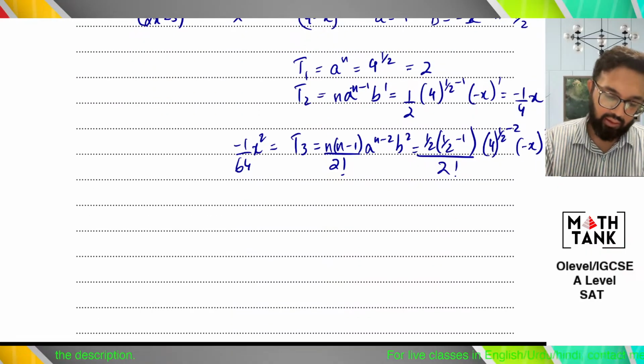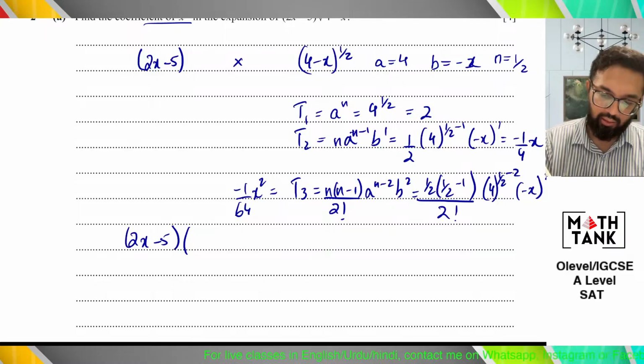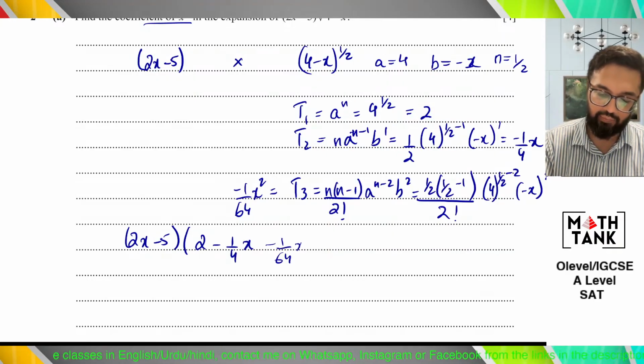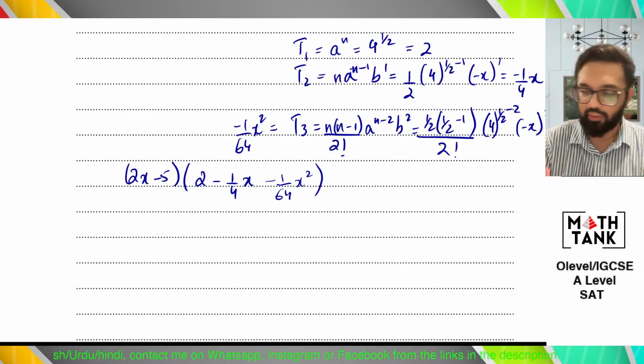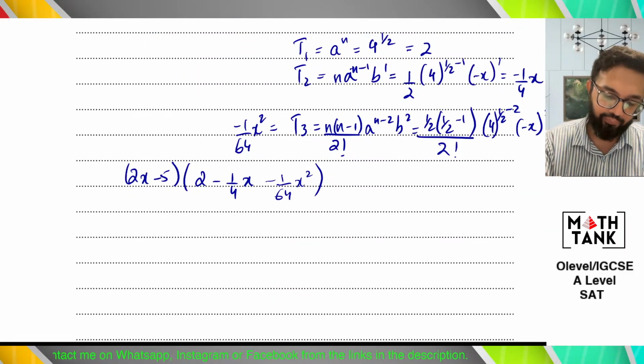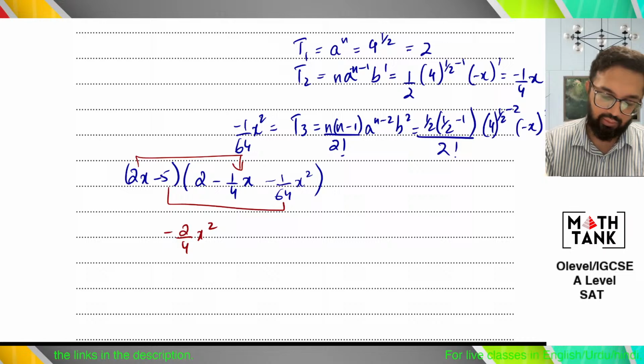तो एक्सपेंशन बन गई 2 minus 1 over 4x minus 1 over 64x squared. I just want to find the term in x square. तो ये इससे मल्टीप्लाई हो जाएगा.